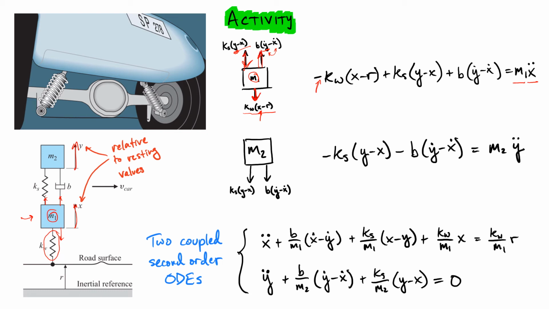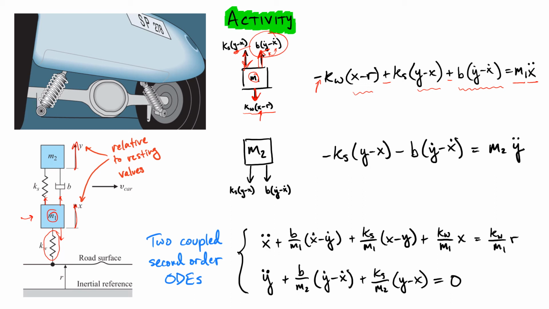If these are pointing up, then this force provides an acceleration in the positive x direction, and so these come in with positive signs. But what you should be looking for is the fact that the damper causes these derivative terms, and the springs should not have derivatives on them.